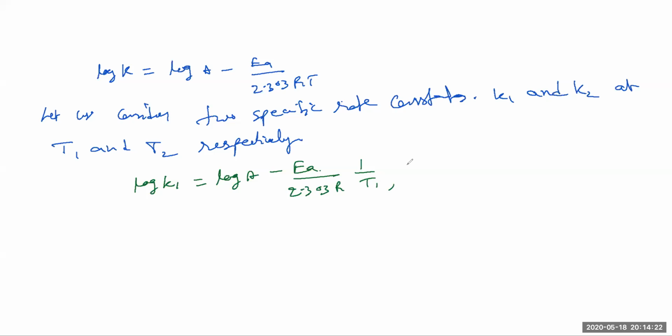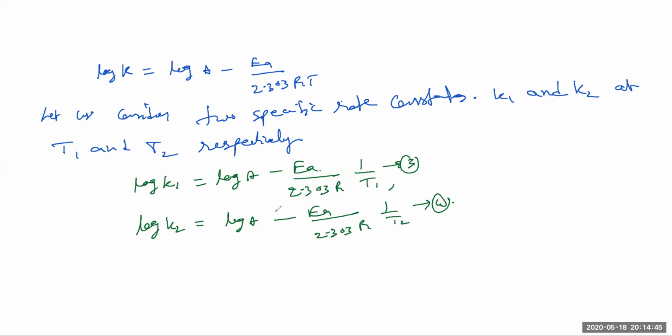This is equation 3. Now what is equation 4? I am writing log of K2 is equal to log A minus EA by 2.303 R into 1 by T2. Say, equation 4.